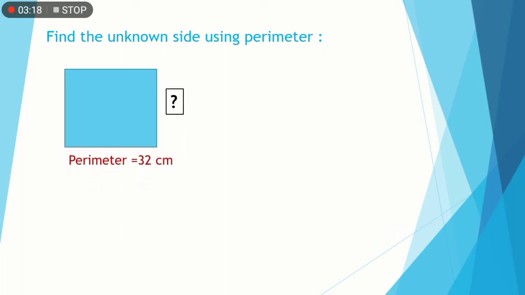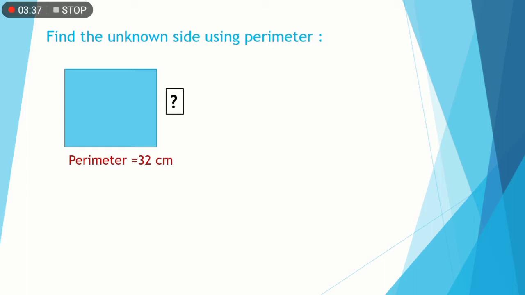The next one: find the unknown side using the perimeter. If I have a problem like that, I have a square and the perimeter of the square equals 32. I want the side. All 4 sides together equal 32. How can I get one side?